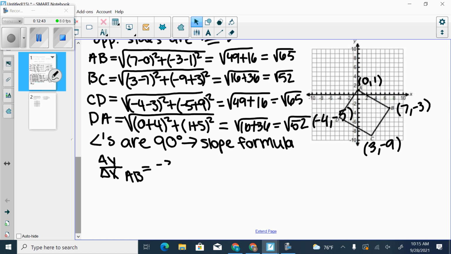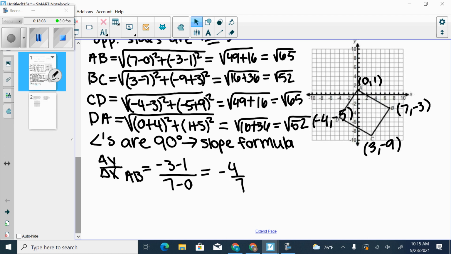Good. Over x2 minus x1, which would be, okay, and negative 3 minus 1 is, and 7 minus 0 is 7.